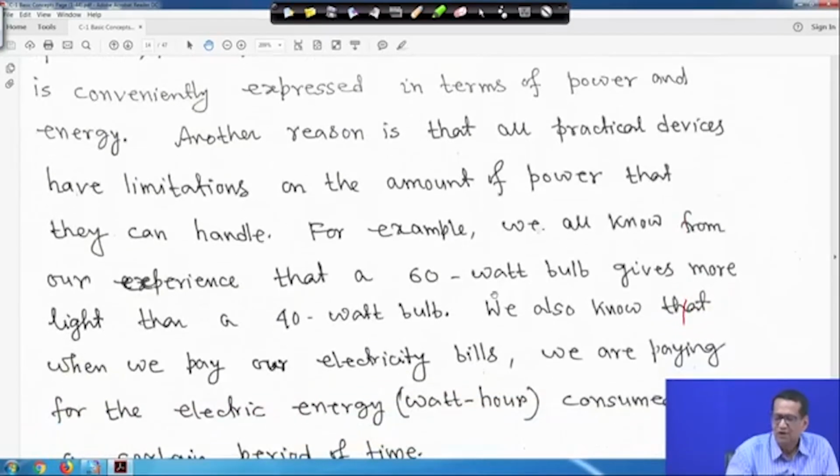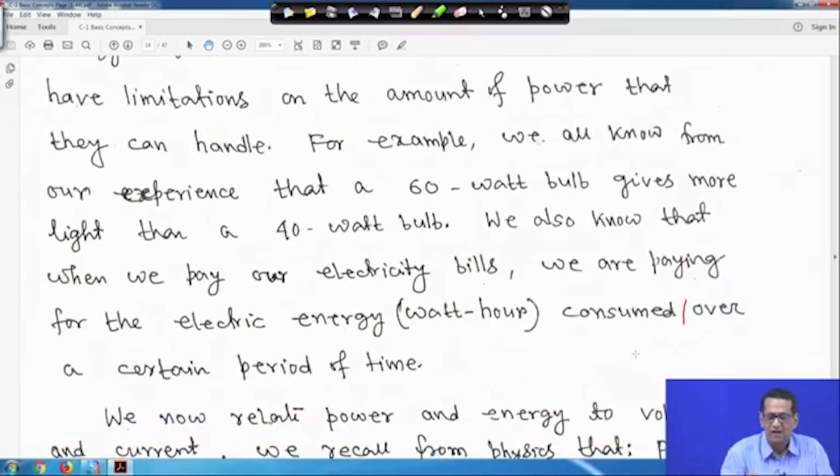For example, we all know from our experience that a 60 watt bulb gives more light than a 40 watt bulb, because 60 watt is more powerful than 40 watt. We also know that when we pay our electricity bills, we are actually paying for the electric energy, that is watt hour consumed over a certain period of time, right.